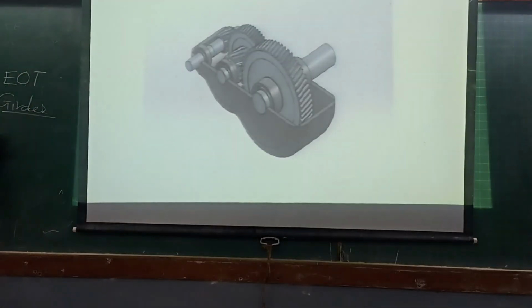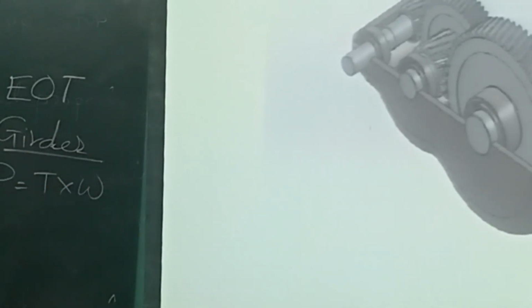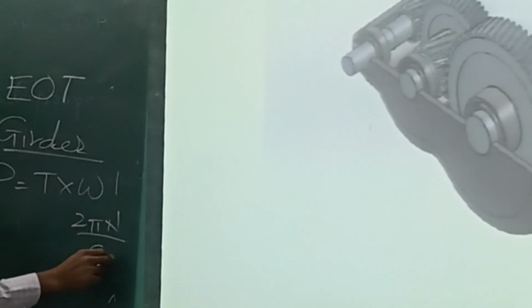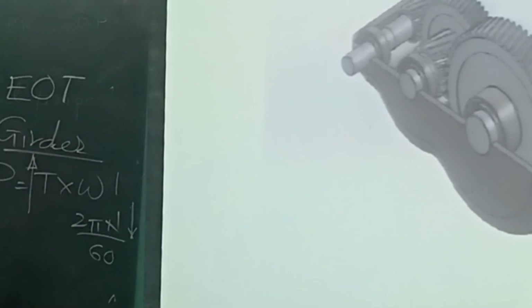Because of the relation: power is equal to torque into omega. Power remains the same because we are supplying constant power from the motor. If speed reduces, omega is nothing but 2 pi N upon 60, so if N reduces, torque increases.